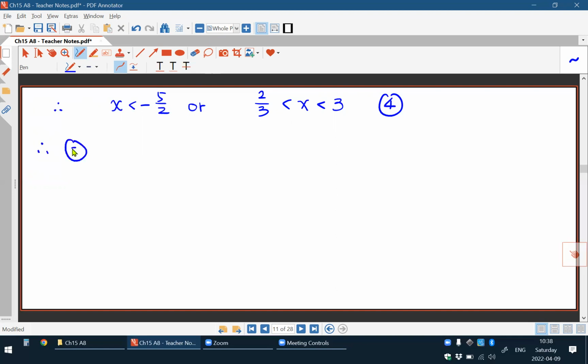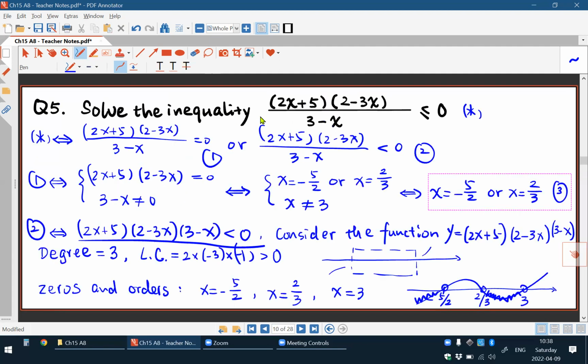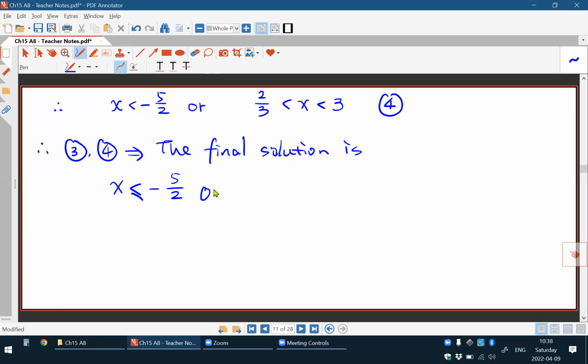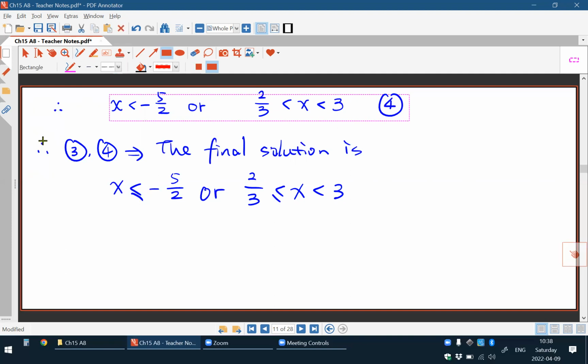Therefore, according to number 3 and number 4, the final solution is the union of the two solutions. x can be less than -5/2, or x can also equal to this number, or x can be greater than or equal to 2/3 and less than 3. And this is our final solution.